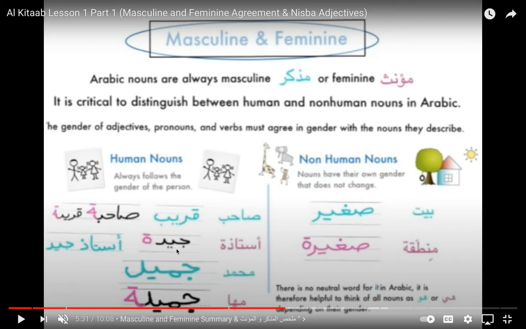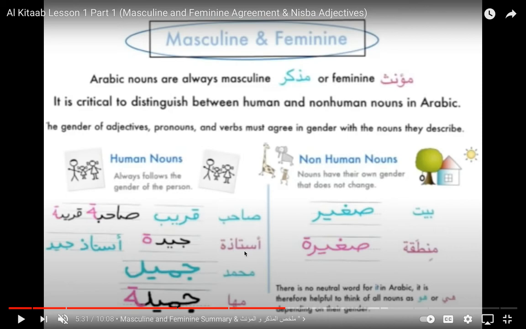أستاذة جيدة. By the way, I am using tanween, meaning the dhamma, but in natural speech, when we speak in Arabic, in general, we just say أستاذة جيدة. So you don't hear the ta. We don't say ustadatun jayidatun when we speak.